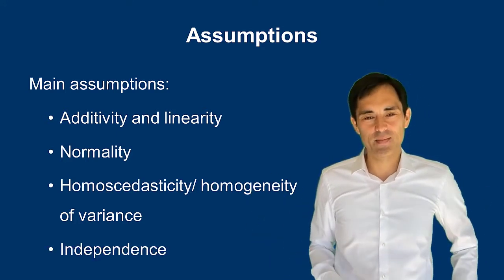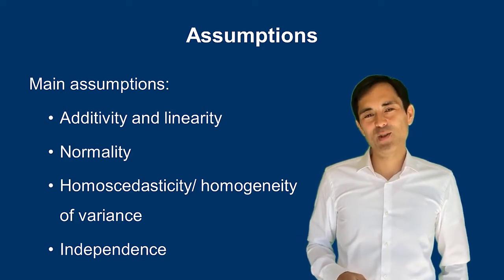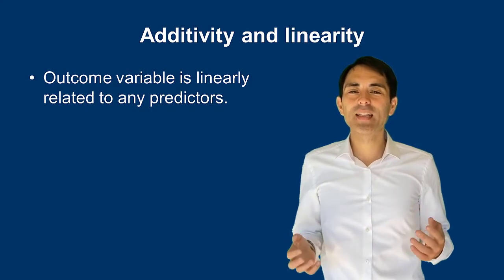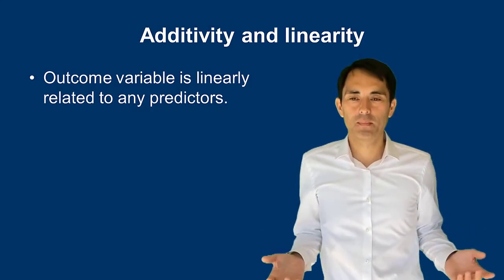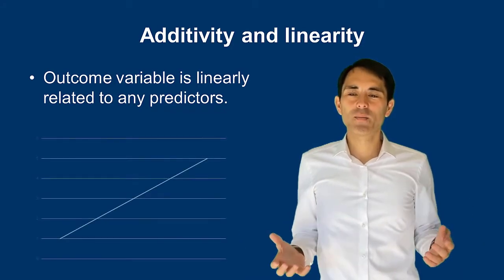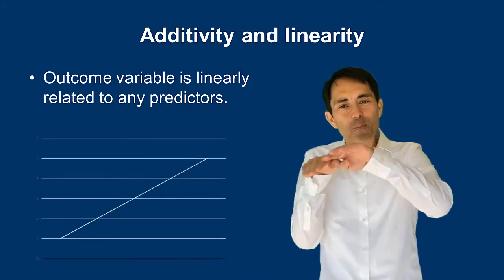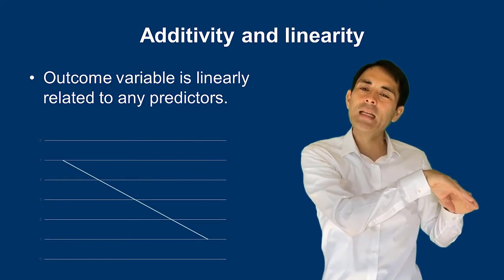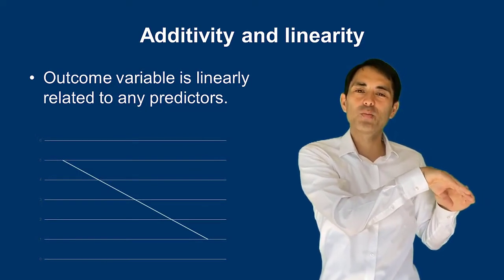And independence. I will talk about each of these assumptions in more detail in the following. Let me talk a bit more about additivity and linearity. What does it mean? The basic assumption is that the outcome variable is linearly, so upwards or downwards, related to predictors.